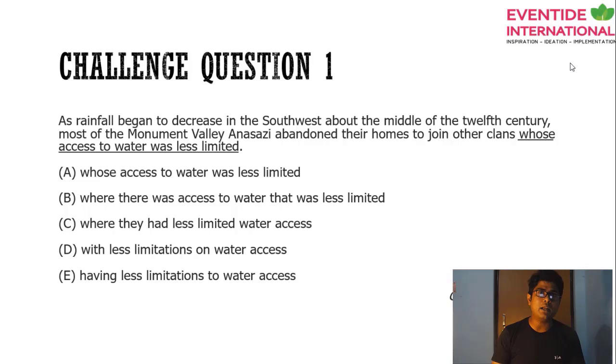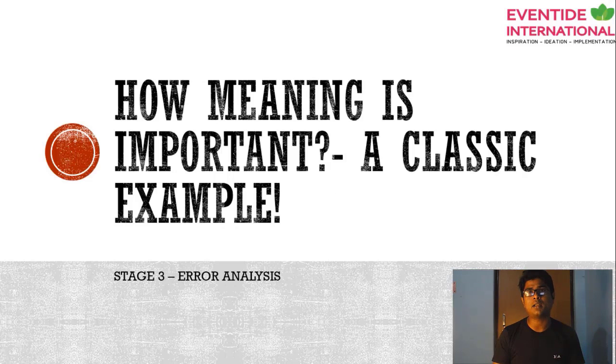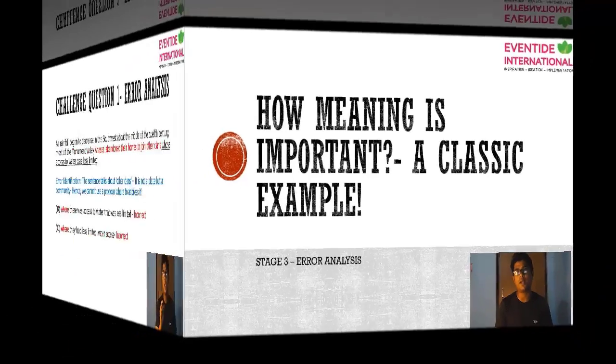Does that ring any bell? अगर हां तो कीप इट विथ यू, अगर नहीं तो लेट्स गो टू द एरर एनालिसिस पार्ट ऑफ आवर क्वेश्चन of the GMAT challenge question 1.